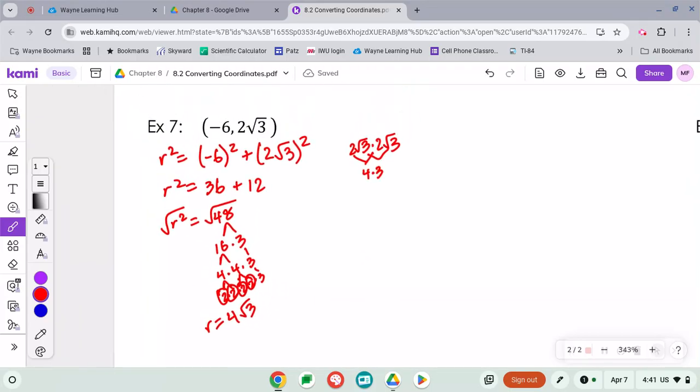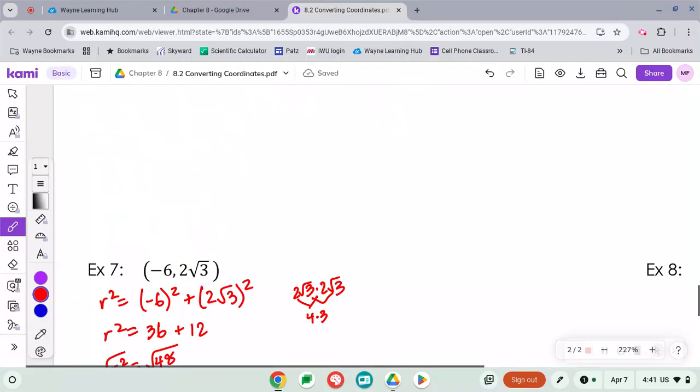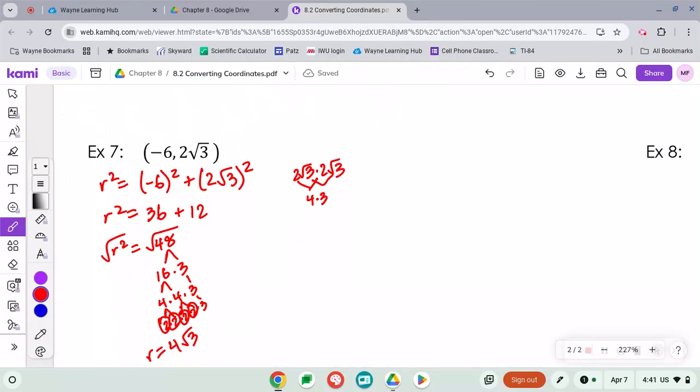Okay, now, once again, we care about which quadrant this is in. So I don't have to really know the location, I just need to know the quadrant. So it's negative for x and positive for y. That has to be up here in quadrant 2. So y divided by x, where is tangent? If you forget that, remember tangent we know is sine over cosine, so that's y over x. Okay, so 2 root 3 over negative 6.